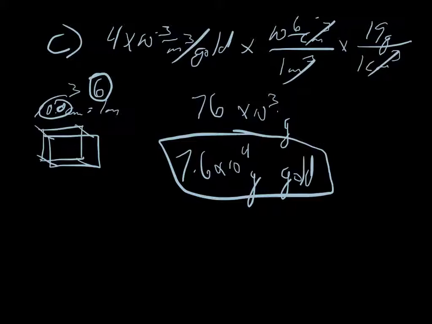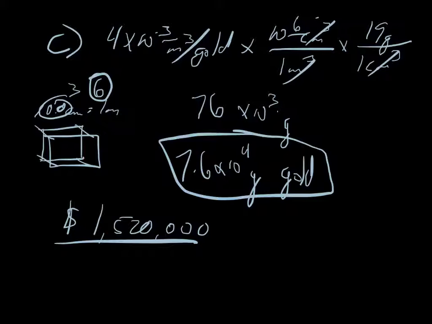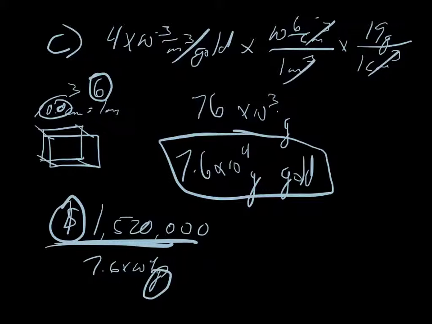But how much do we need per gram? Well, remember our total cost was that $1,520,000 that's gonna cost us. And if we have this 7.6 times 10 to the 4th grams of gold, that's going to tell us how much it needs to be per gram, right? So dollars over grams, right?